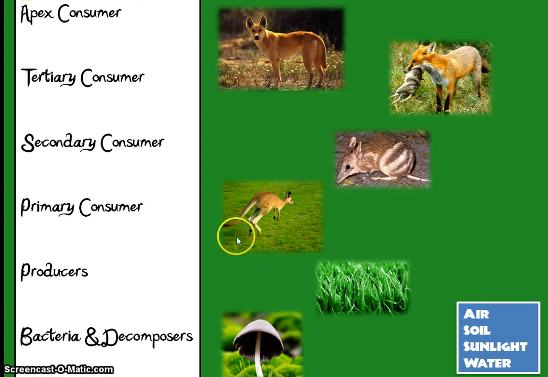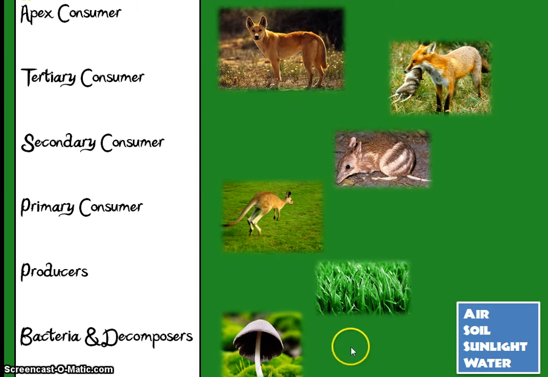So here we've got a whole heap of different Australian animals, as well as our grass down here and our fungi. And they've got something unique about them, whereas they all fit in nicely into this trophic level. So they don't all share a level. I've chosen animals that all have their own level that they fit nicely into.